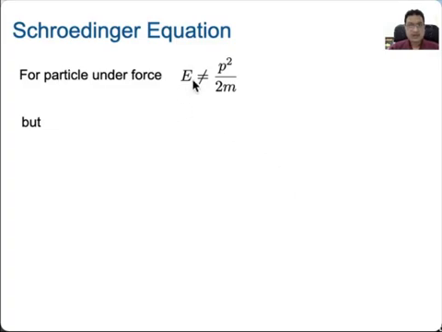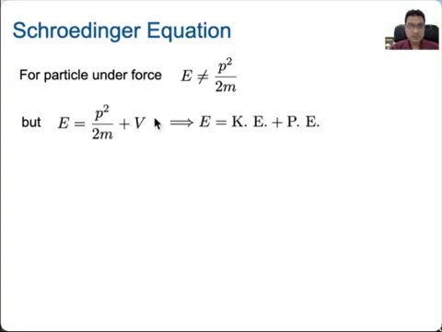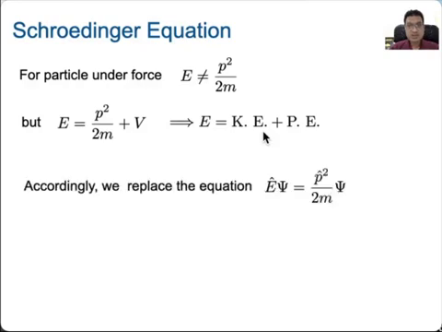In that case, your energy is not related to only the momentum, but it has to have some potential term V. Okay, so it means that the total energy is a sum of kinetic energy plus potential energy. This is what you have seen, for example, in the case of the harmonic oscillator. The total energy of a classical harmonic oscillator is a sum of the kinetic energy and potential energy.